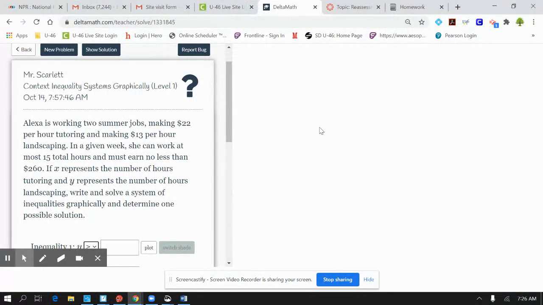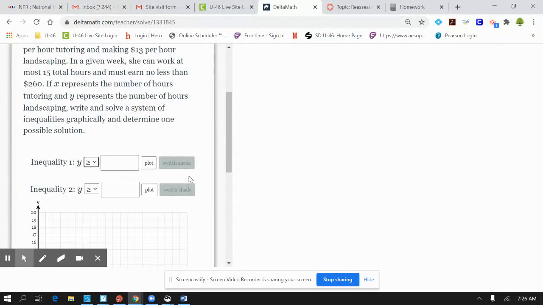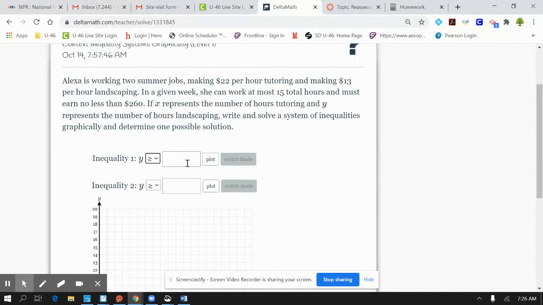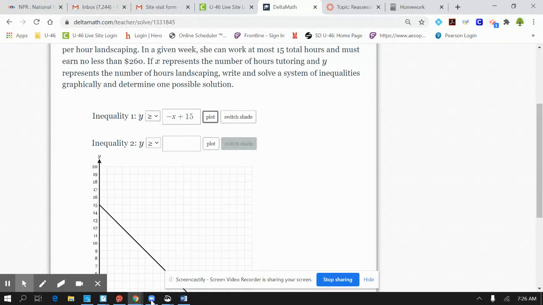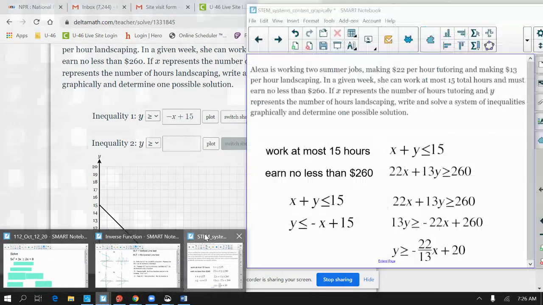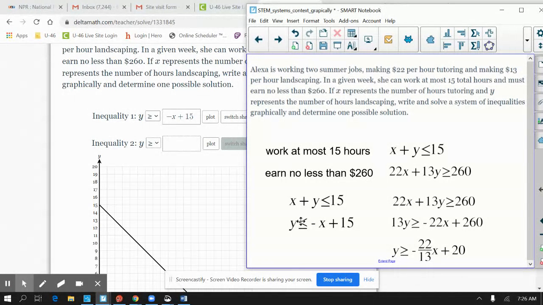So the first one was negative x plus 15. And this is very nice. I could just press plot and it'll graph it for me. But my inequality, is my inequality correct? I needed y to be less than negative x plus 15.